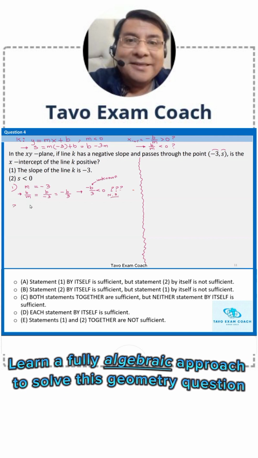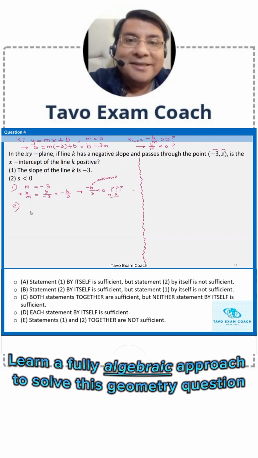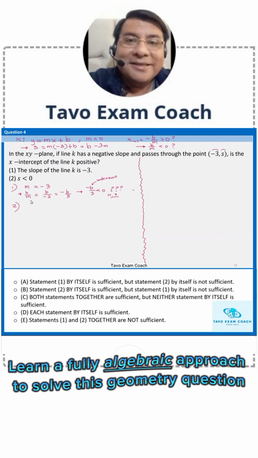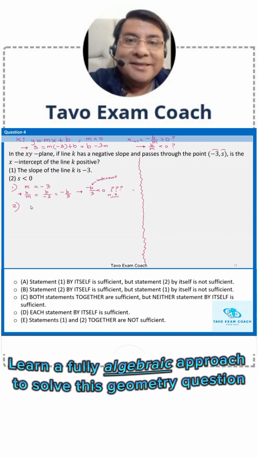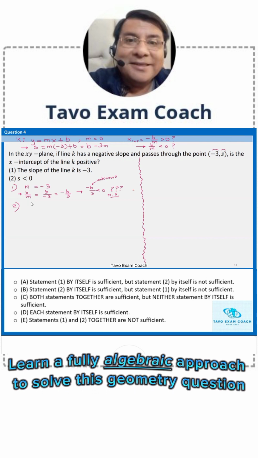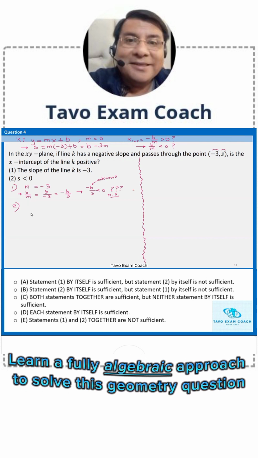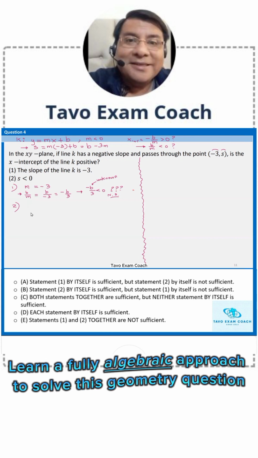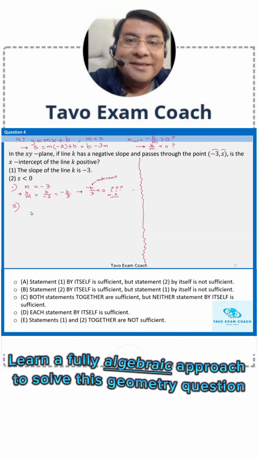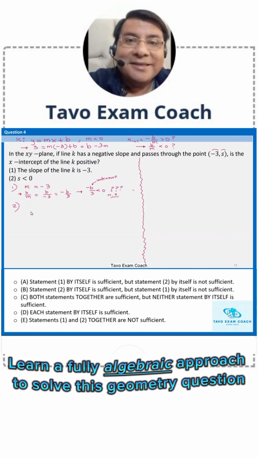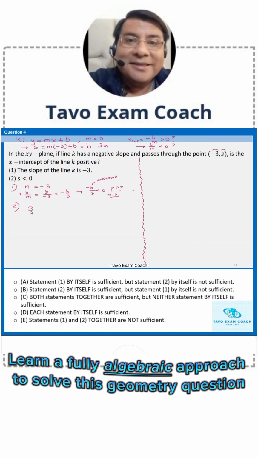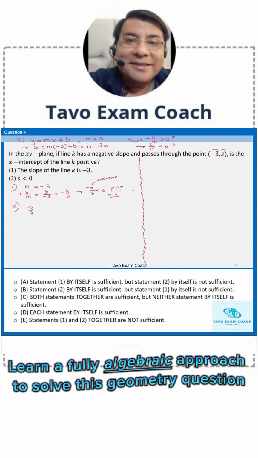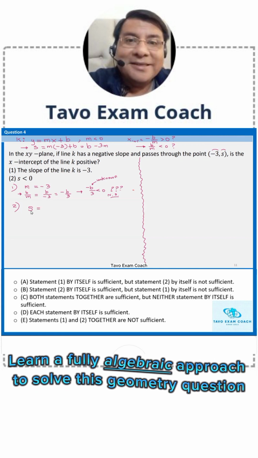What about statement 2? Statement 2 says that S is less than 0. Well, what do we know about S? According to the information prior to the question, the fact that the point -3, S is a point on line K means that the coordinates of this point satisfy or make true the equation of the line.